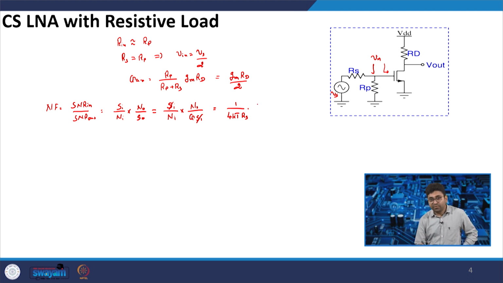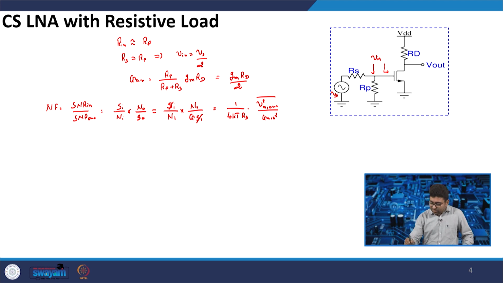If we represent it in terms of the mean square voltage noise power spectral density divided by gain square, because here we are considering the square, this is how we can find out the noise figure.